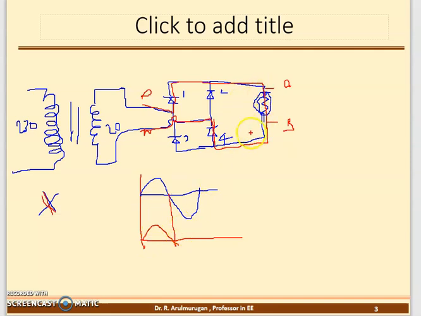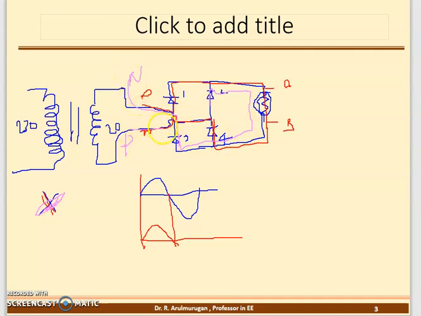Then the next one is the negative cycle, otherwise called mode 2, the negative magnitude. During the negative magnitude, the bottom is the phase and the top is neutral. Mode 2 operation is the right slash. What is a right slash? Right slash means 2 and 3 are closed. So from 2 to the load, A to B, and 3 to the neutral.